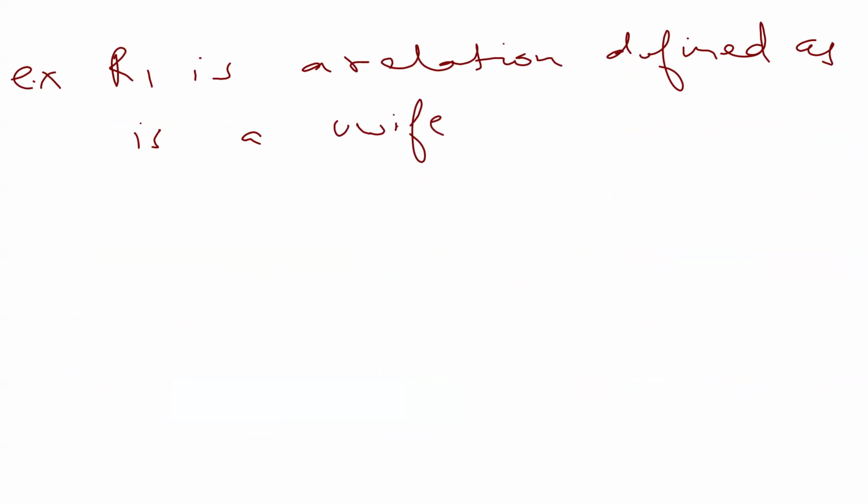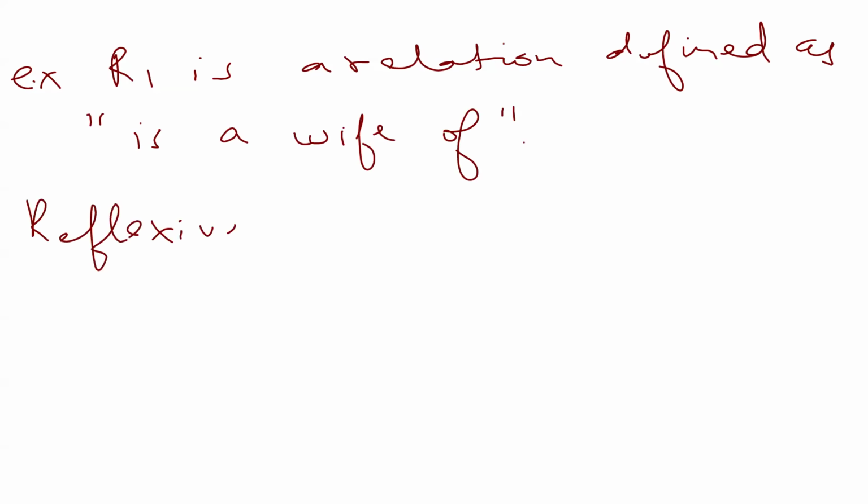R1 is a relation defined as "is a wife of." So first case, reflexive. Can that person be a wife of itself?